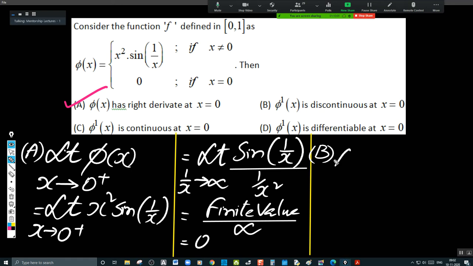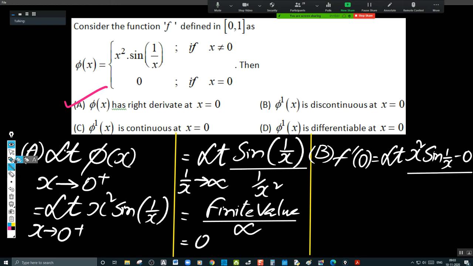So I am finding it. F dash of 0 is equal to limit of f of x, which is x square sine 1 by x, minus f of 0, defined to be 0, whole divided by x minus a.